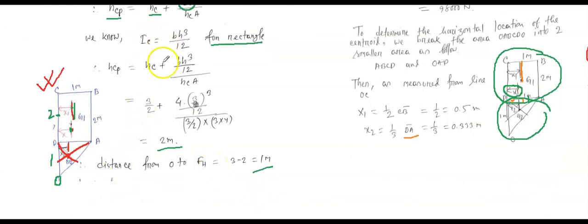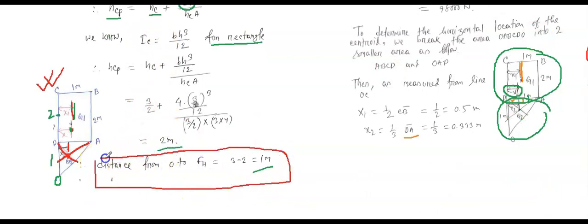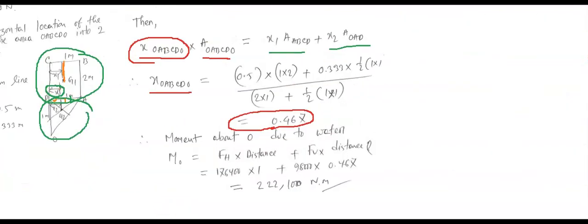So we calculated the horizontal force, and then we calculated the distance from the pivot point to it, which was 1 meter. So we need this 1 meter when we calculate the moment. So here the horizontal force is 176,400, and the corresponding distance is 1. Right? The vertical force is 98,000, and the vertical distance is 0.467.